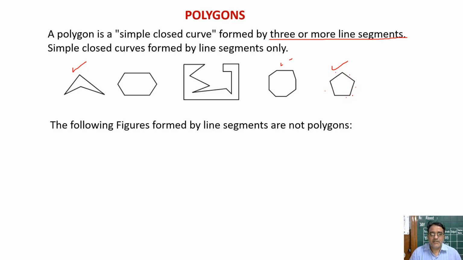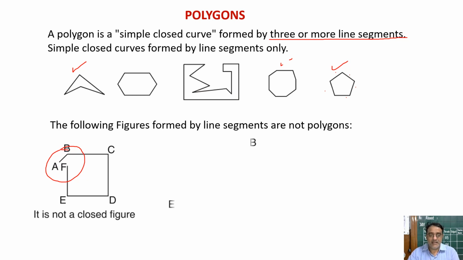So these are polygons, and the following figures formed by line segments are not polygons. See, why is this not a polygon? Because it is not closed. It is made up of line segments but not closed. And this one, it is not a simple curve. Simple curve cross नहीं होना चाहिए. यहाँ पे AB और BC पे intersect हो रहा है.